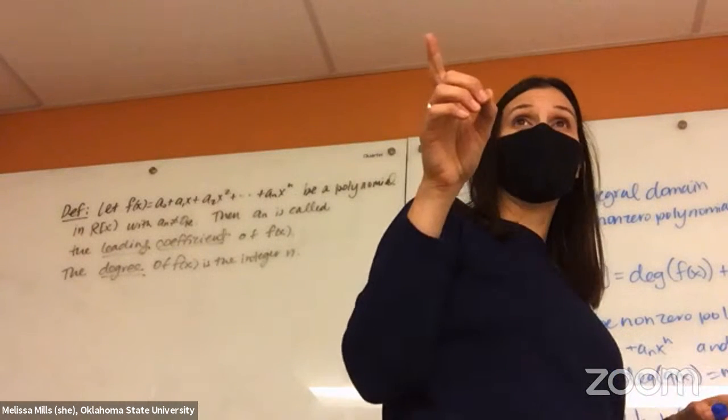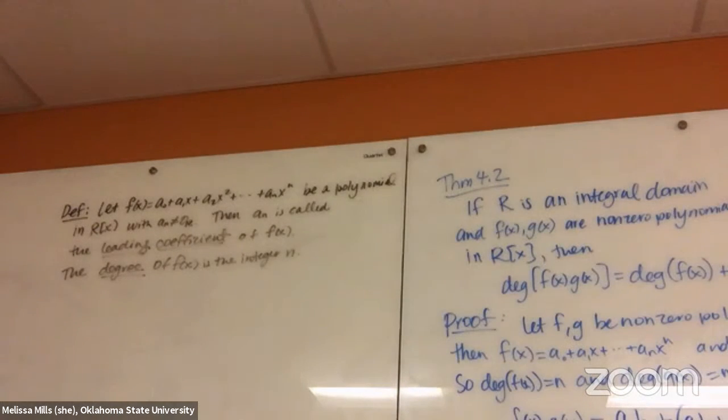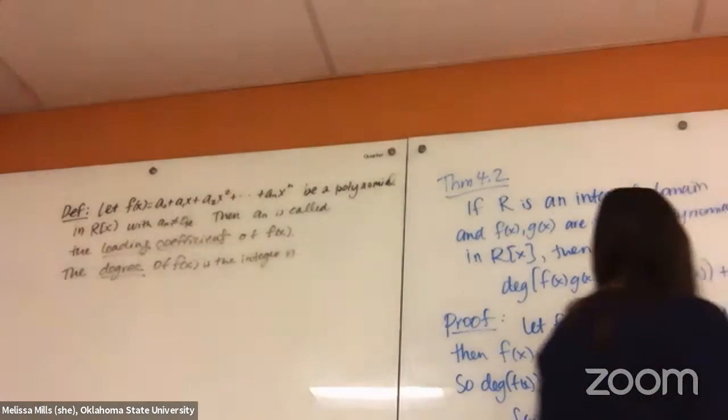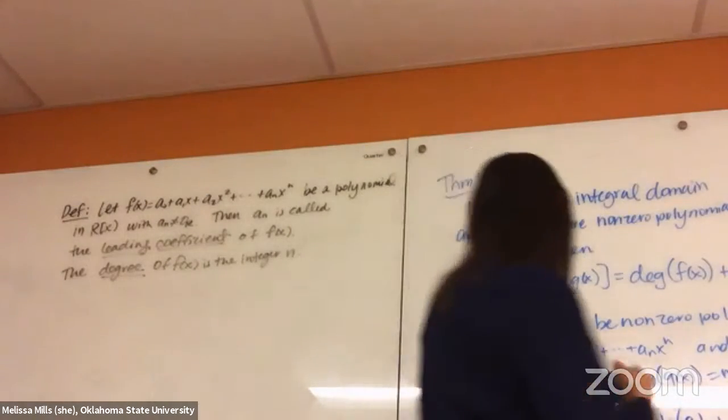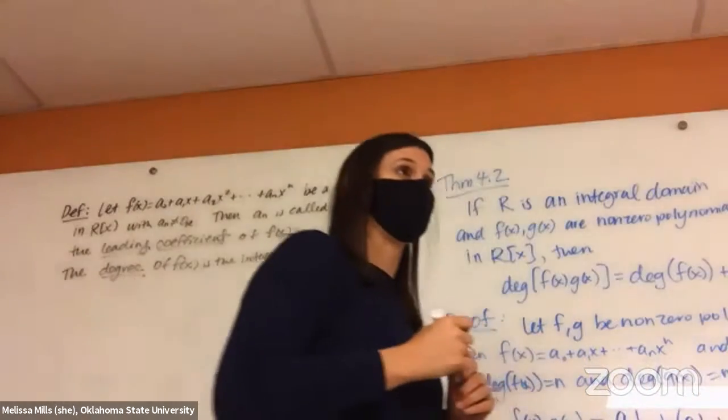Remember that was the thing we had when we were in Z mod 6 adjoin x? That when we multiplied a_n times b_m, we ended up getting something that was 0, right? So why is that not going to happen here? What are you going to say? Yes, so I know it's a non-zero polynomial, so I need to say that a_n and b_m are non-zero. I probably needed to say that to get the degree bit, right?